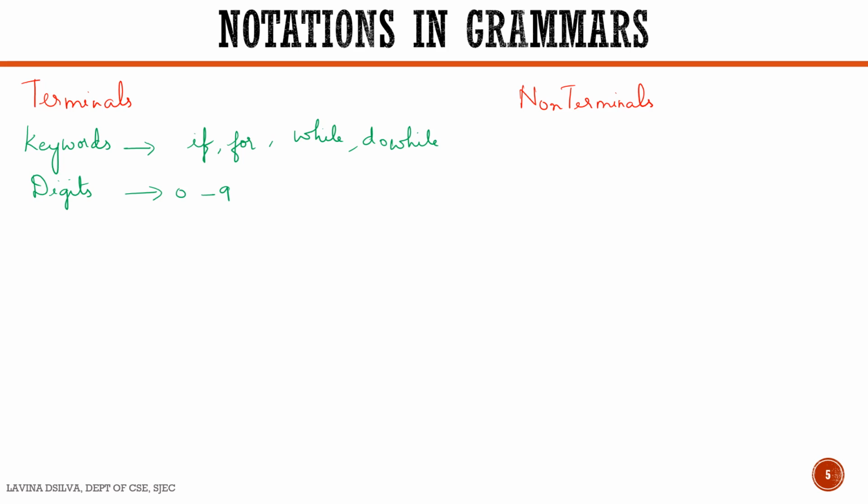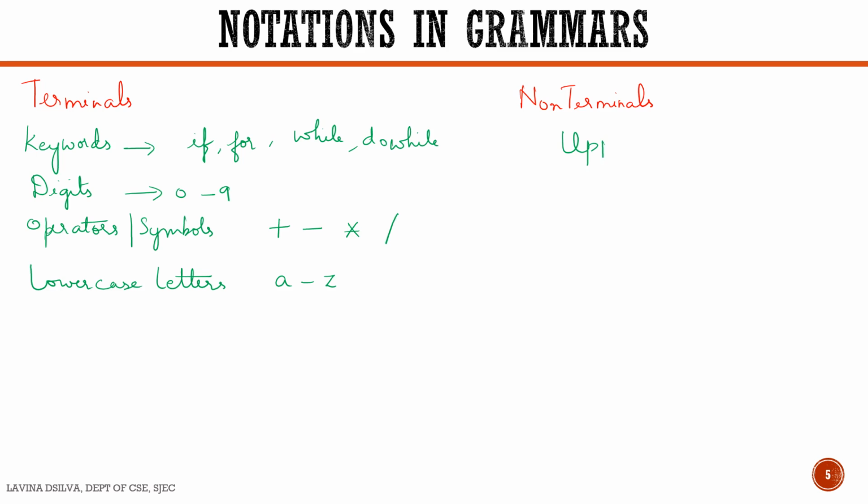We can have operators, or we can also call them symbols, like plus, minus, star, divide operator, etc. All lowercase letters are considered as terminals. Among the non-terminals which we can have, we first consider the uppercase letters.